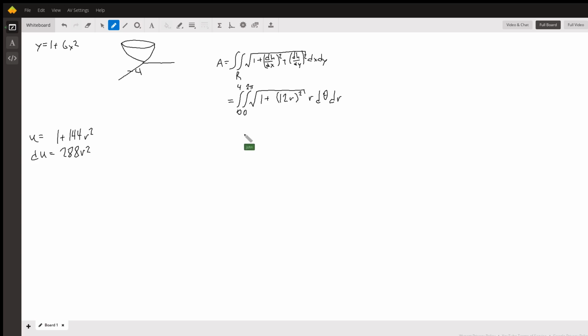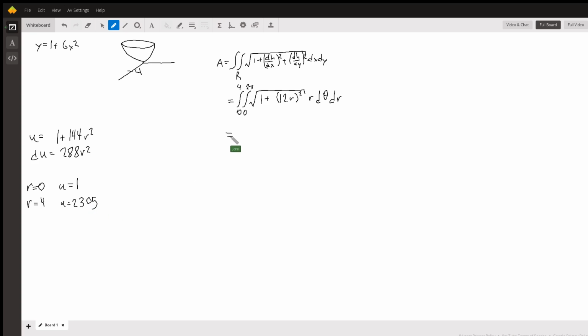So then at our bounds here, which is r equals 0 and r equals 4, r equals 0 corresponds to u is equal to 1, and then r equals 4 corresponds to u is equal to 144 times 16. So that is 2304 plus 1. So it's 2305.